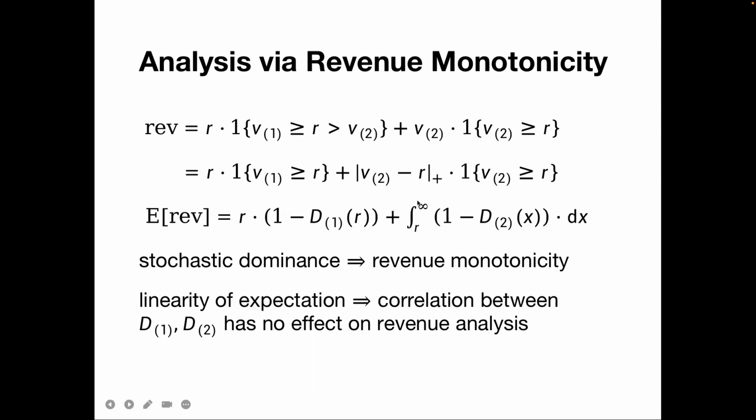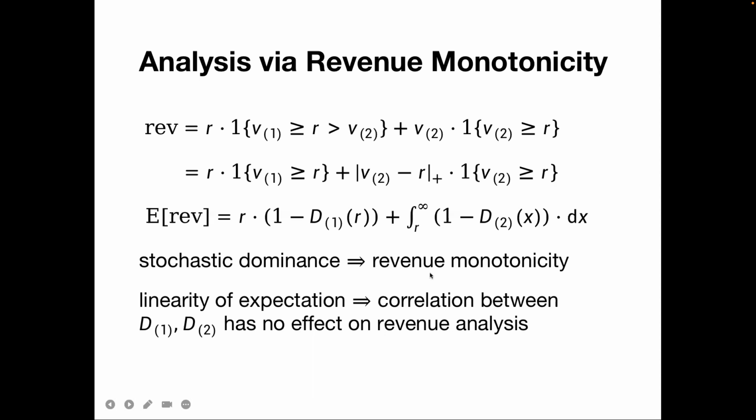And by taking the expectations, we can rewrite the expected revenue in this formula in terms of the actual first order value distribution and the second order value distribution for every possible reserve R. It's easy to see that statistical dominance in terms of value distributions implies revenue monotonicity.